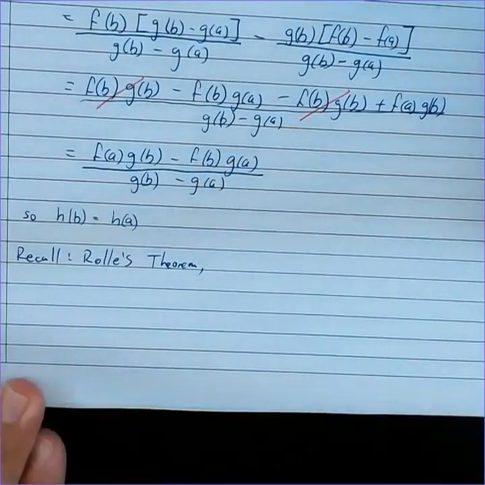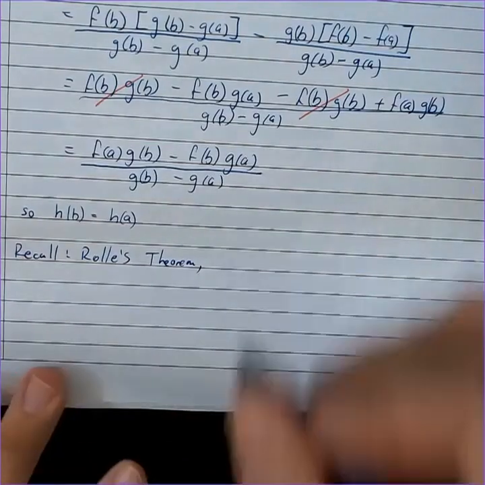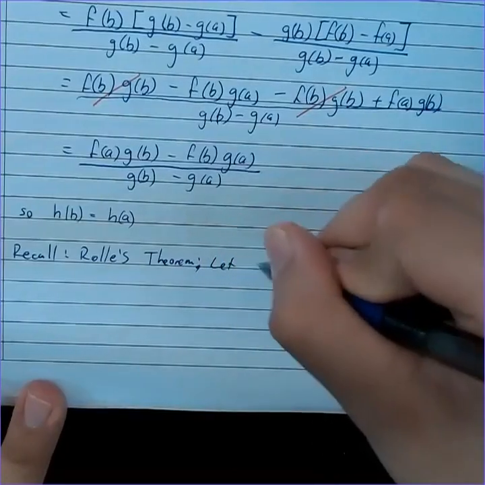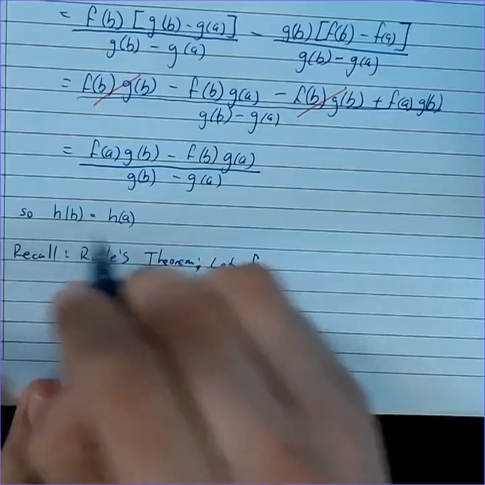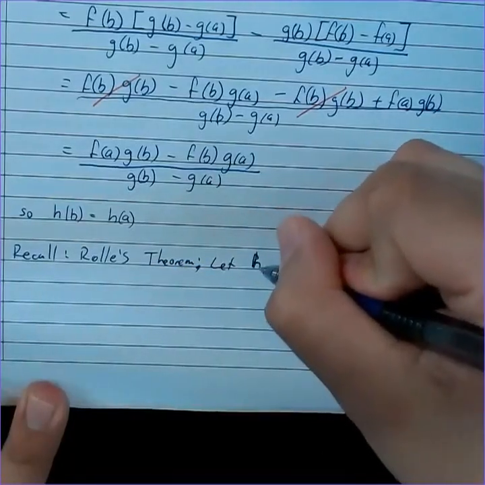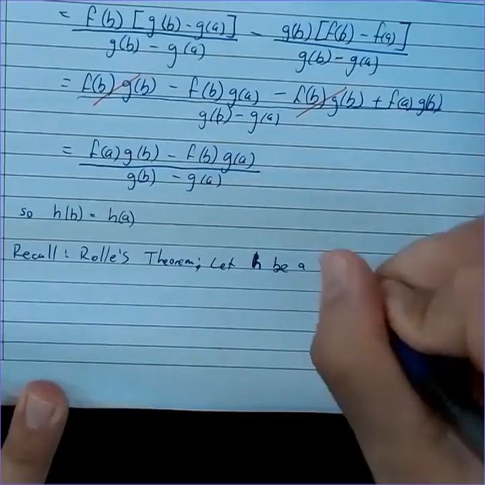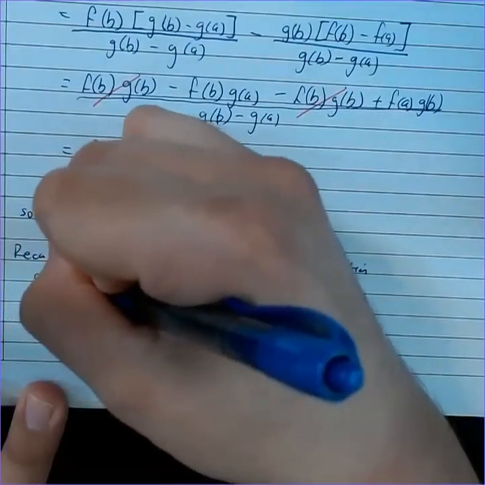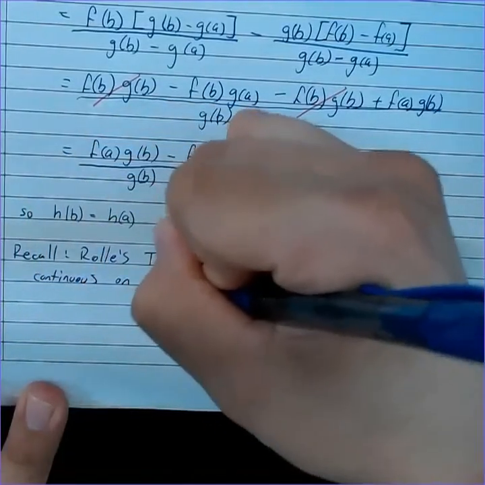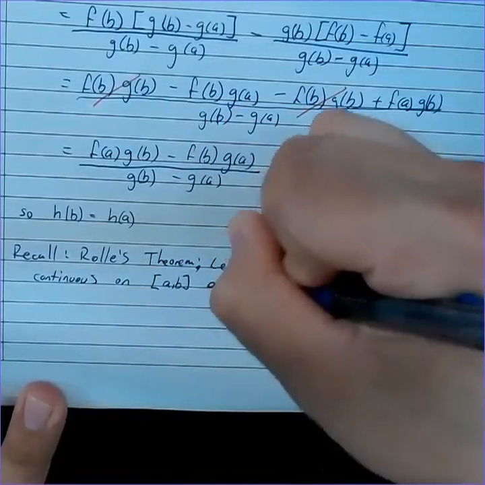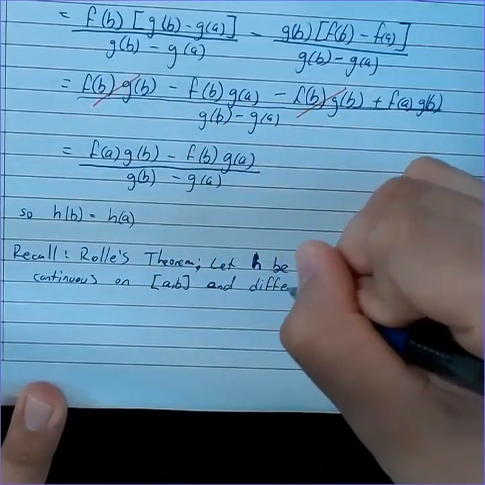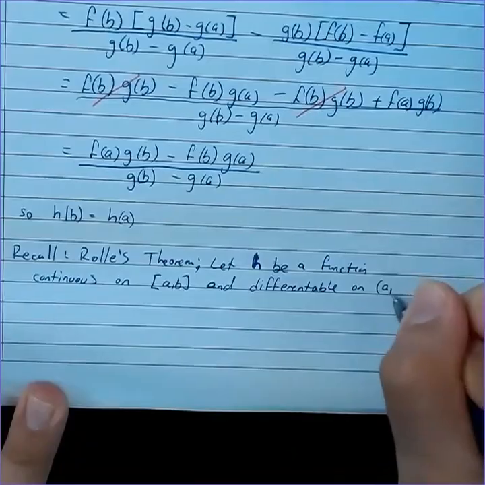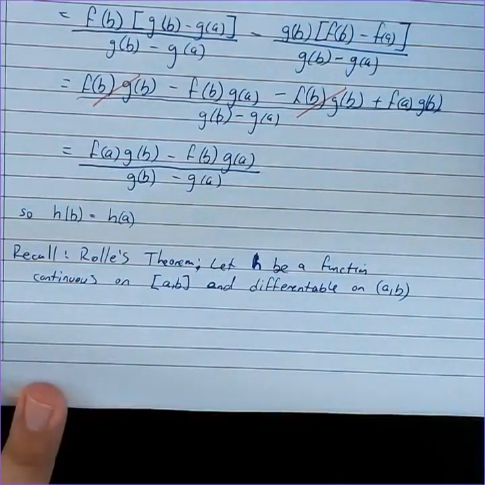which states that if you have a function that is continuous on a closed interval, so here let's write it this way. In fact, let me call it H just to keep it the same as this one. Let H be a function that is continuous on a closed interval from a to b and differentiable on an open interval from a to b, so everywhere except maybe at the endpoints, right?